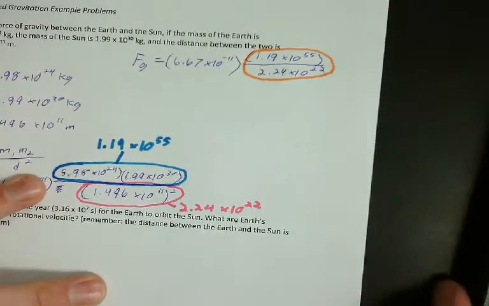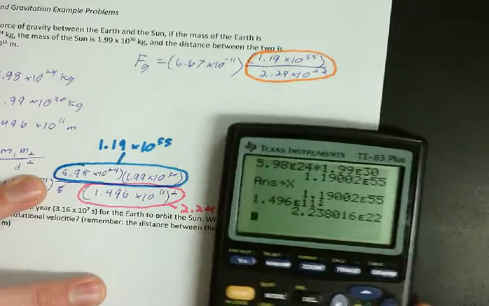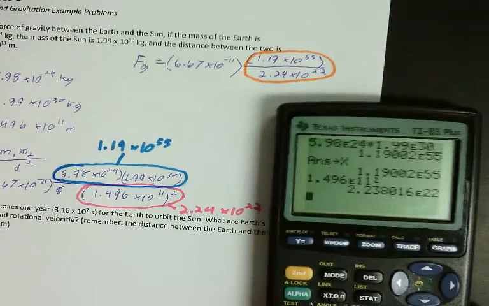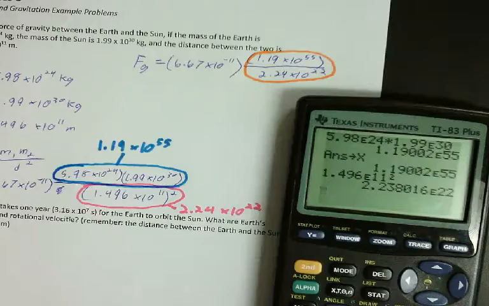So I'm going to go ahead and type them in the way you are. I'm not going to use my stored numbers. I'm just going to type them in so you can see the way I'm doing it.